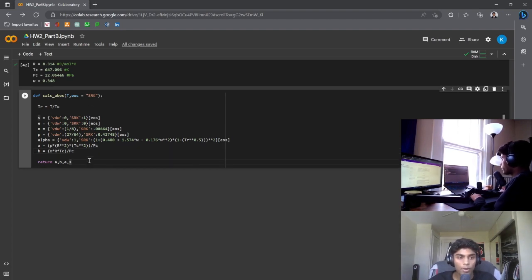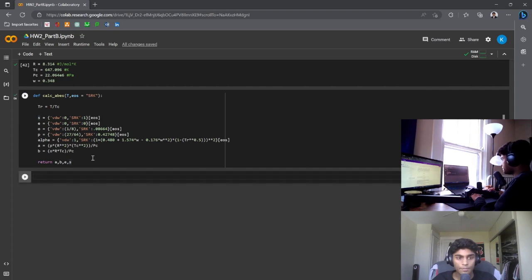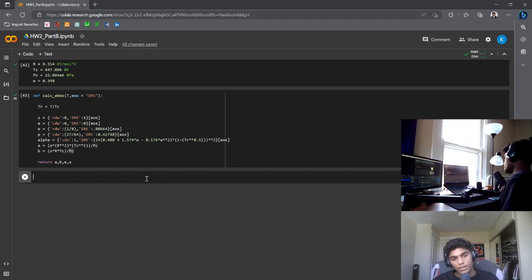retrievals based on our equation of state that we're using. And so the next part is going to be getting these values into the general equation and calculating that through. So now the next step here, we're going to define another function, and we're going to call this cubic P, because we're going to retrieve those values based on our volume, temperature, and equation of state, which we're going to be using SRK for right now.